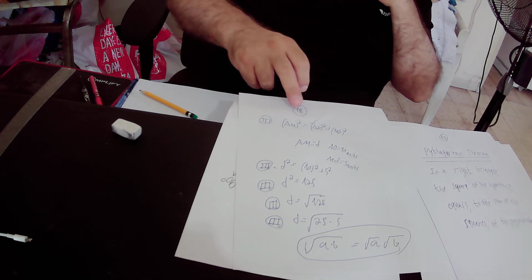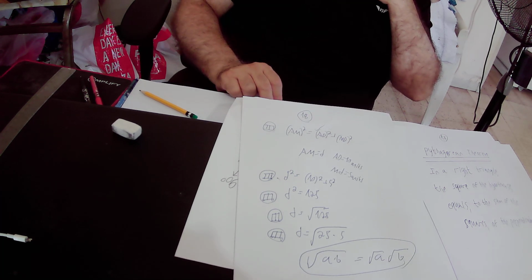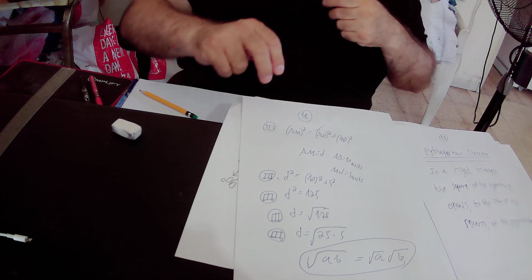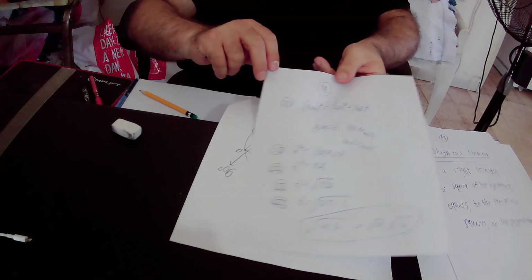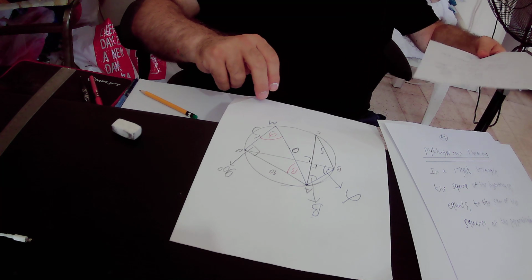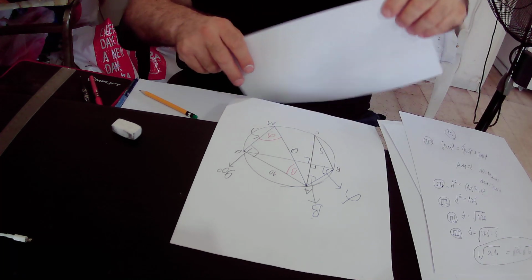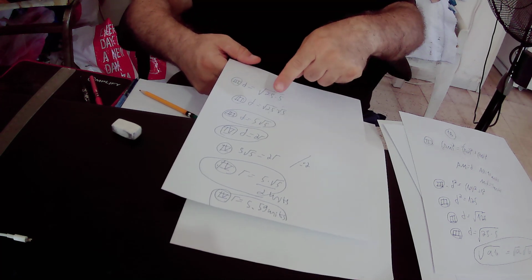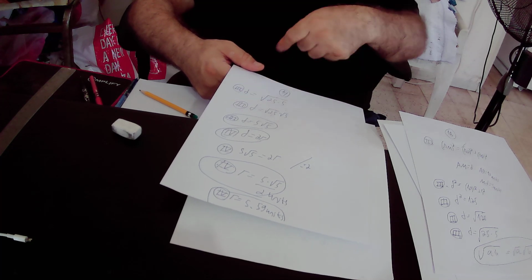So we can put the data in equation number 3, and after we put the data in, we got that D, the diameter of the circle, equals 5 times root 5.